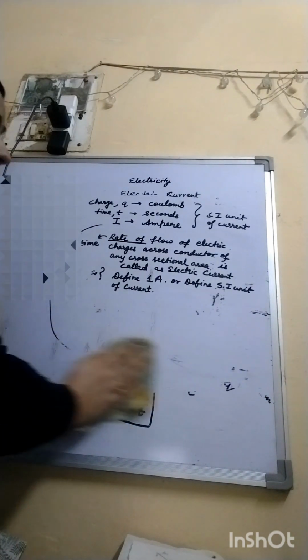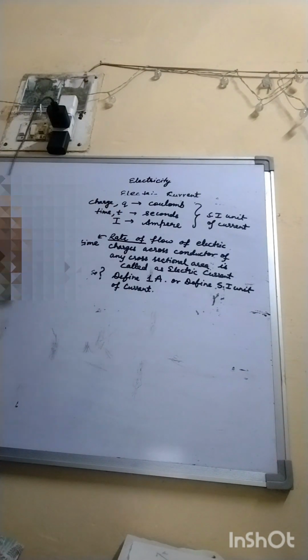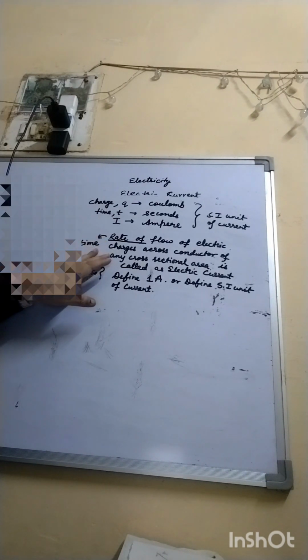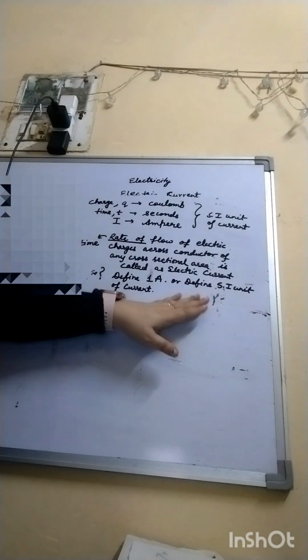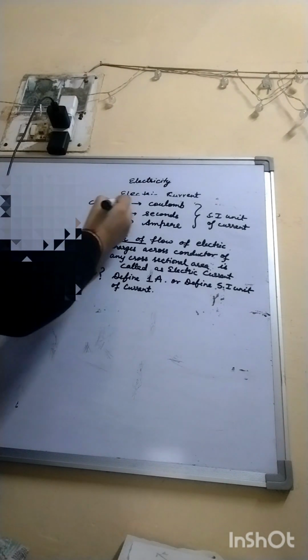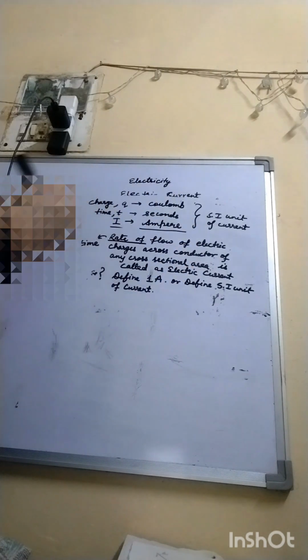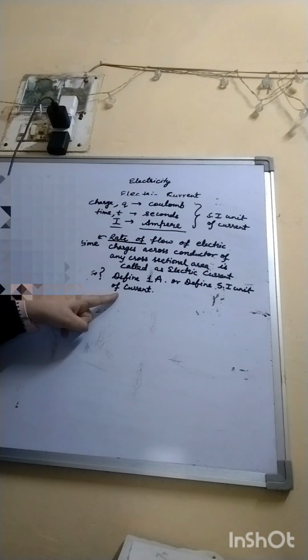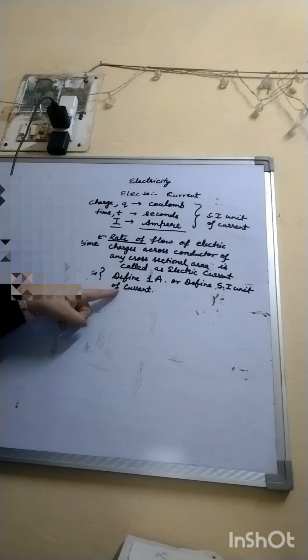Can you understand what is this? The rate of flow of electric charges across a conductor of any cross-sectional area is called electric current. Define 1 ampere or define SI unit of current. What did I say? That current SI unit is ampere. So this is a very important question that is asked. Define SI unit of current.